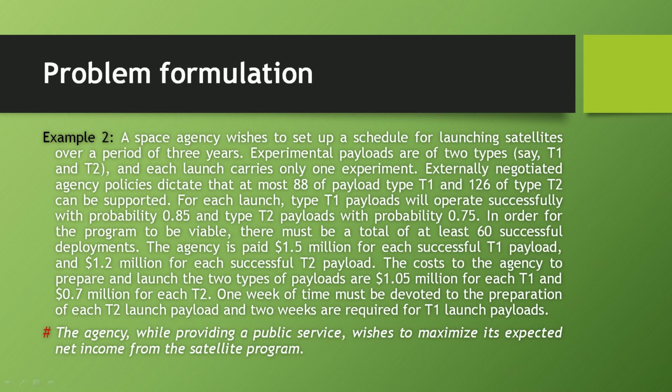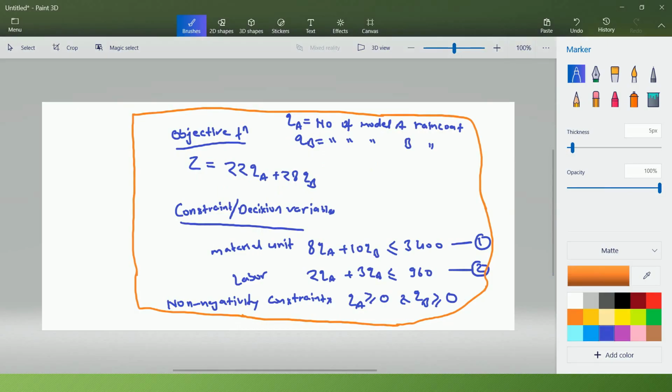1 week of time must be devoted to the preparation of each T2 launch payload and 2 weeks are required for each T1 launch payload. So first let us develop the objective function. Then we will develop the constraint equations.